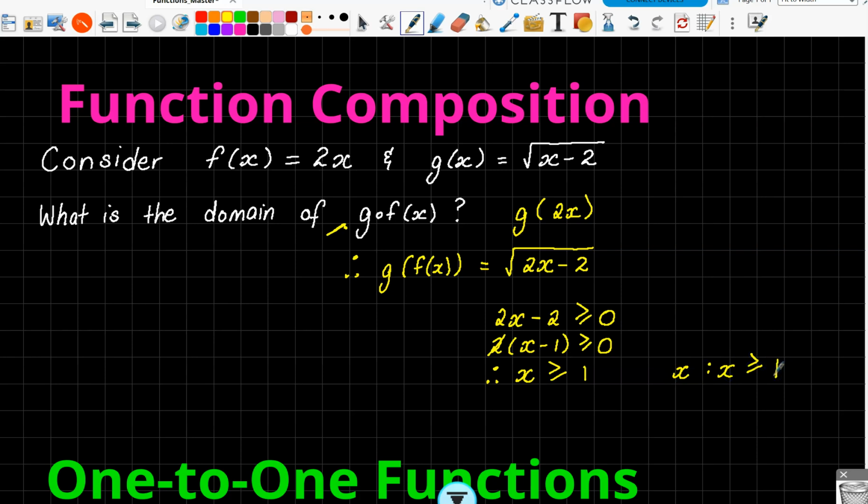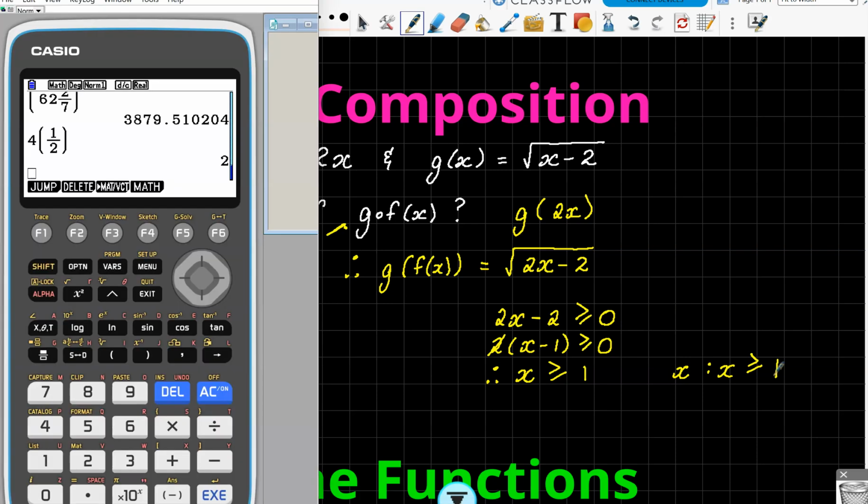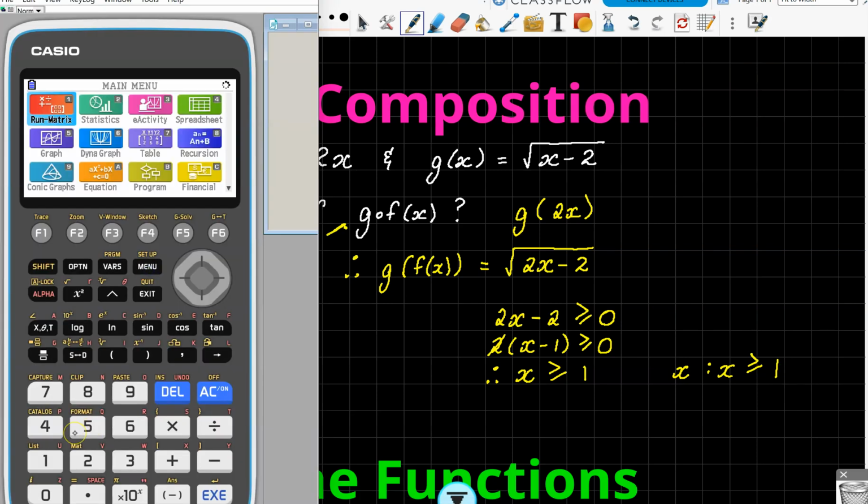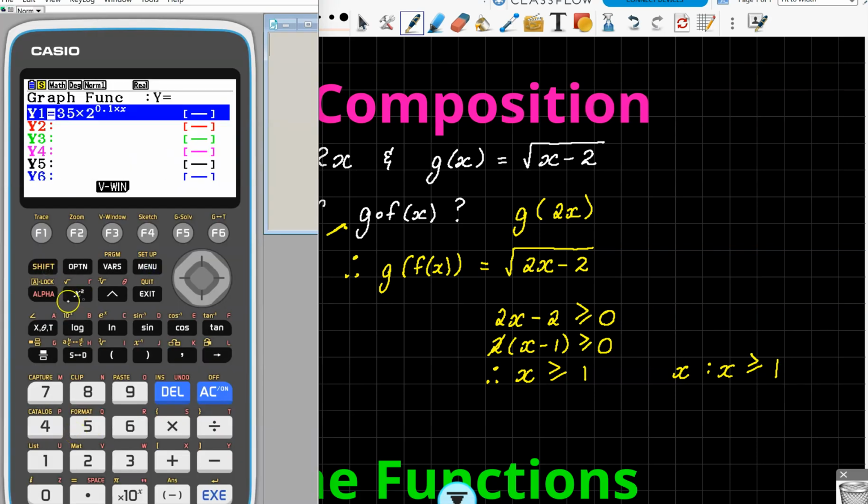Finding the range, I would probably suggest that you go to your graphic calculator and have a look at the graph of the function. So if we do go and have a look, we go square root 2x take 2.